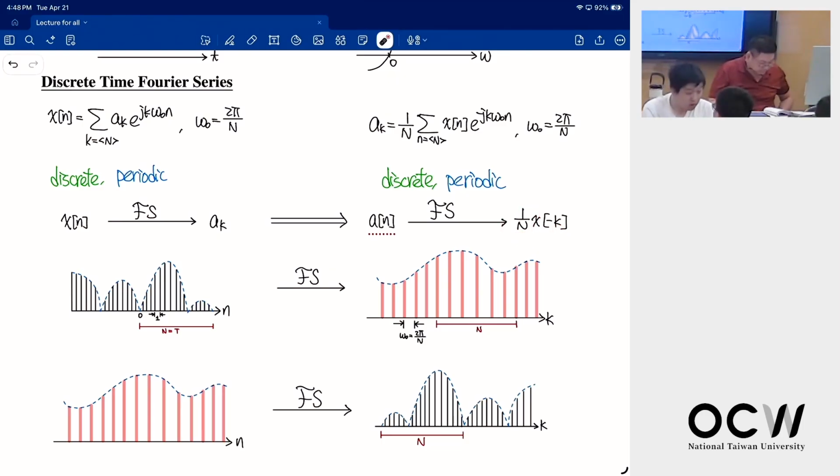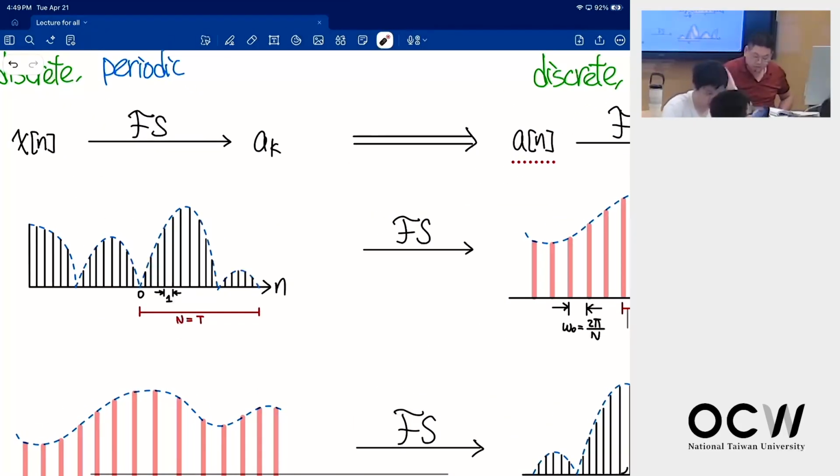So the fundamental frequency for the discrete time for the signal is 2 pi over n. Okay, so if we plot this, in each interval there will be 1. And here I have a period. So the period is n.